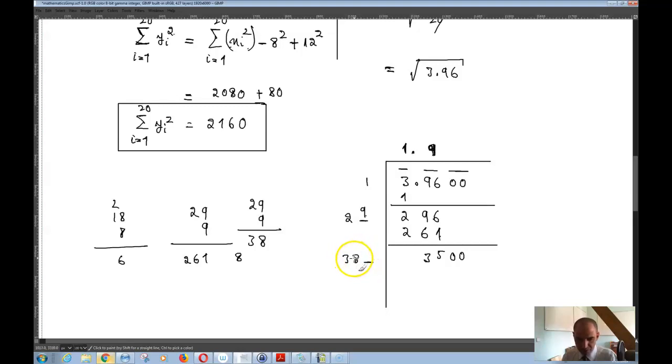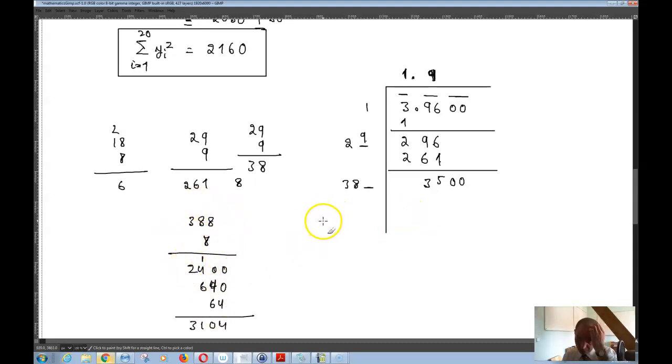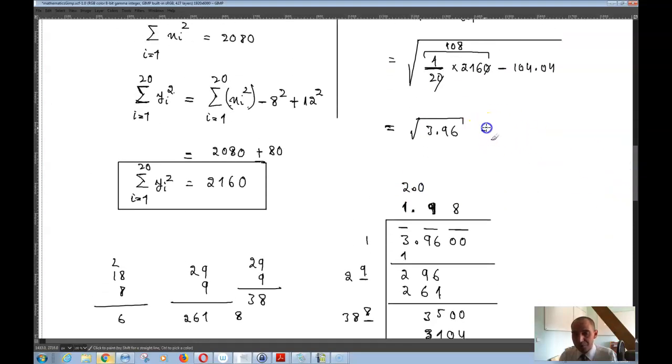Multiplying by 8 and checking, 9 doesn't work here, so you have to go with 8, and you will get some remainder here. So you can take this as 2.0.